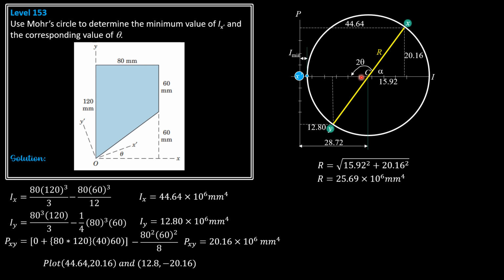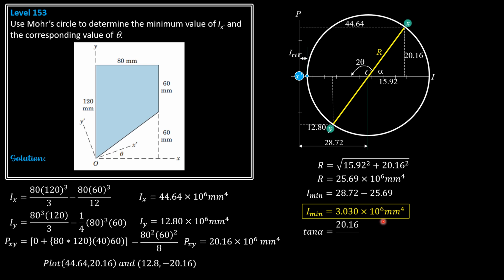Then the minimum moment of inertia would be 28.72 minus the radius, to get I minimum. So I minimum, or Ix prime, is equal to 28.72 minus r, which is 25.69. Then let's put the times 10 to the 6. So I minimum is equal to 3.030 times 10 to the 6 mm to the fourth.